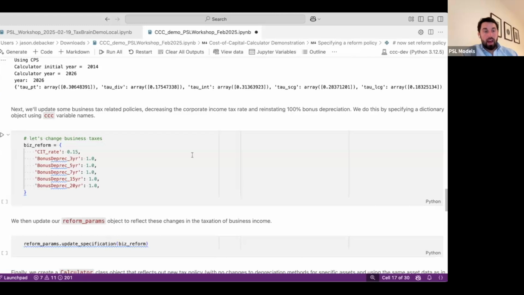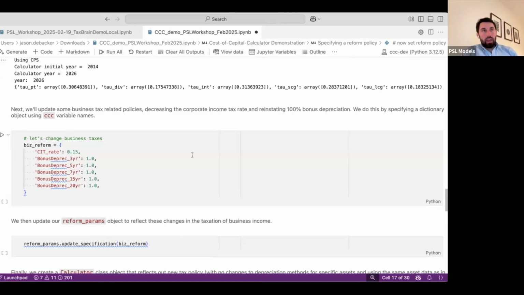I'm also going to pass those changes in business tax through a dictionary. So I'm going to call this dictionary biz reform. And I'm going to make essentially 2 sets of changes to how we tax income at the corporate level. So I'm going to change the corporate income tax rate. So current law is 21%. This reform is going to knock it down to 15%.